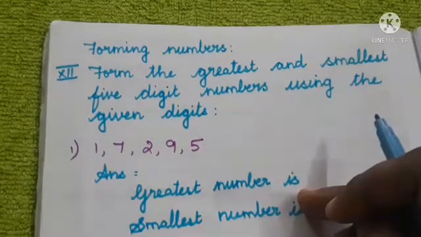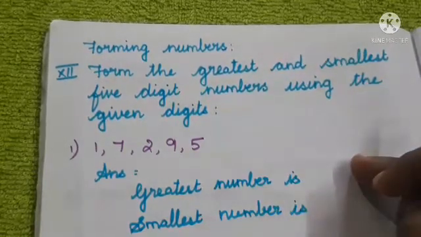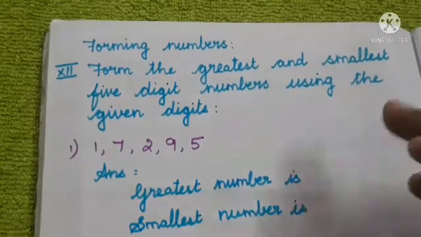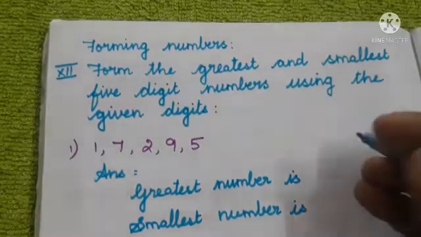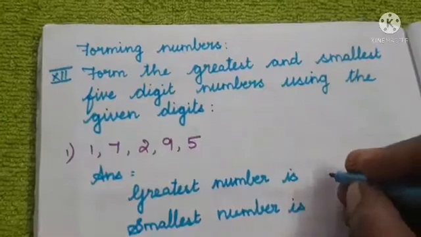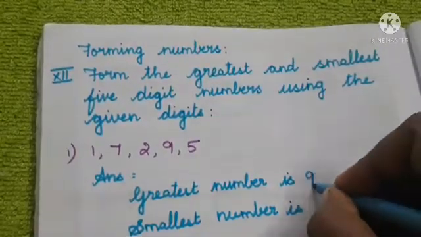Greatest number means we have to arrange the given numbers in descending order, from the bigger number to the smaller number. Which is the greatest number here? Yes, 9 is the greatest.